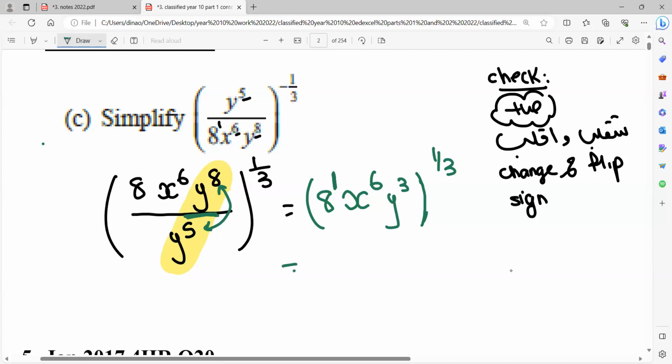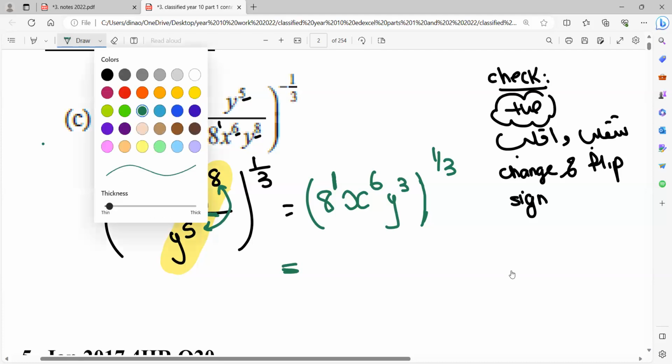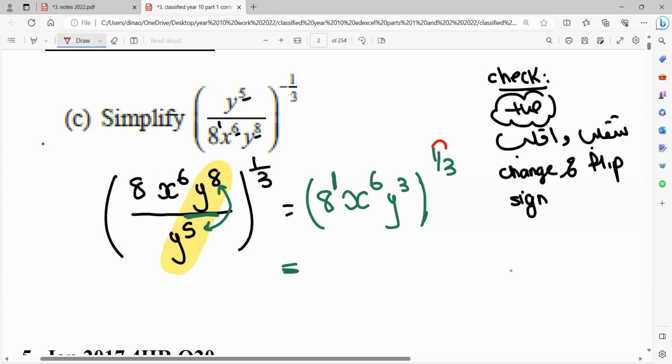And now, that's it, I can do as I did in the previous questions, take the power outside, multiply by the powers inside. And again, it's not 8 times 1 over 3. This is a huge mistake. It's 8 to the power of 1 over 3.